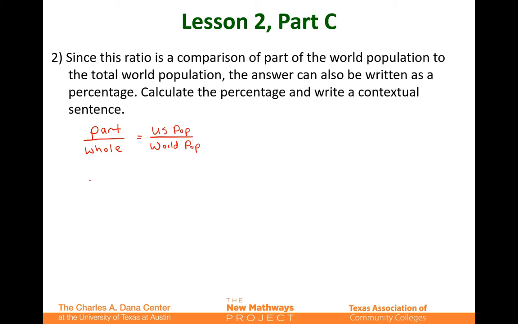There's a couple of approaches that you can use to do this. You can do it like part over whole. This is going to give us a decimal times 100%. So let's go back to the 311 over 7,000. 311 divided by 7,000 is probably going to be kind of a messy decimal.